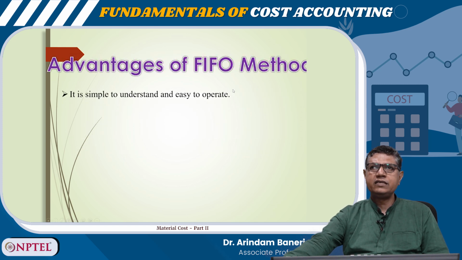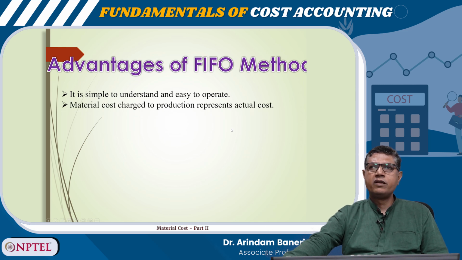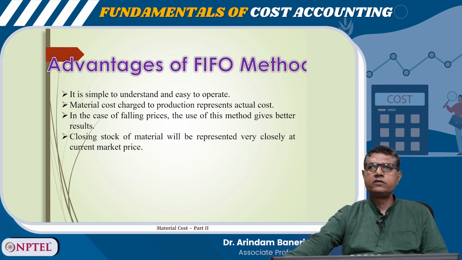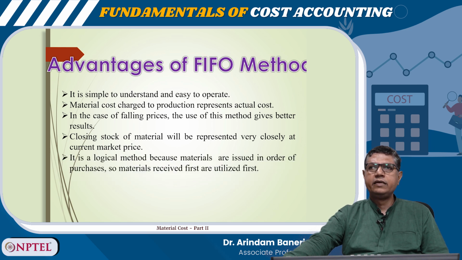What are the advantages? It is simple to understand and easy to operate. Material cost charged to production represents actual cost. In the case of falling prices, the use of this method gives better results. Closing stock of material will be represented very closely at current market price. It is a logical method because materials are issued in order of purchases, so materials received first are utilized first.